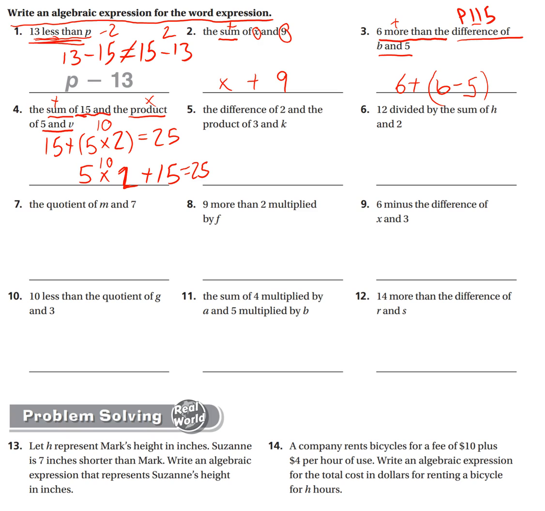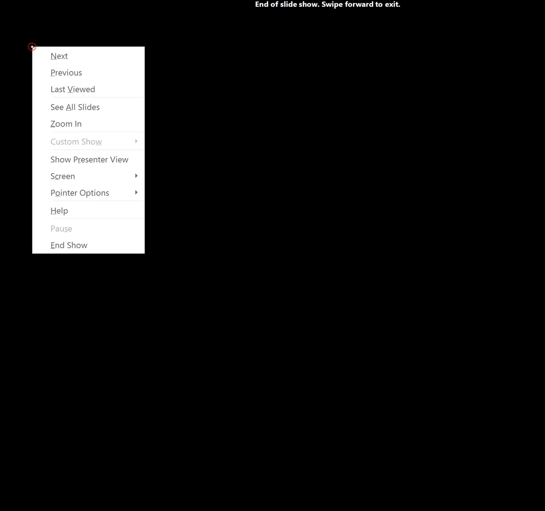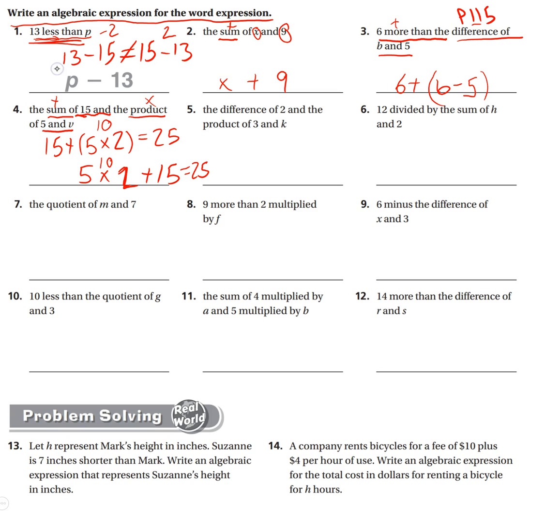So see, the order didn't matter. We could have done it either way and still gotten 25, but on number 1, if we did it the other way, we would not get the same answer. So that's how you can check it to see if the order does matter in your representation.